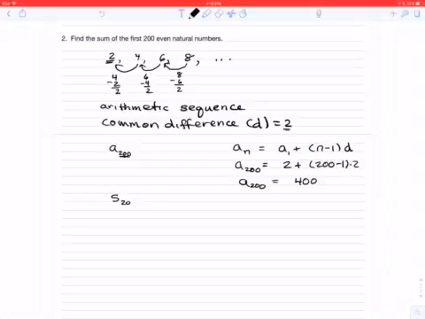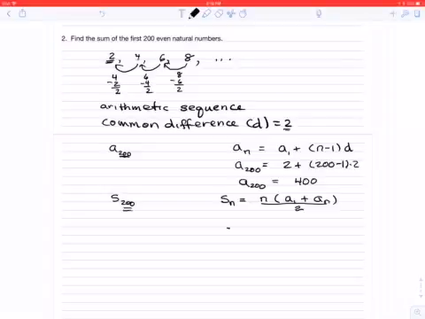Now to find the sum of those first 200 terms, I'll use the formula. It's n times a sub 1 plus a sub n, all over 2. Well, we're interested in the sum of the first 200 terms, so n is 200.